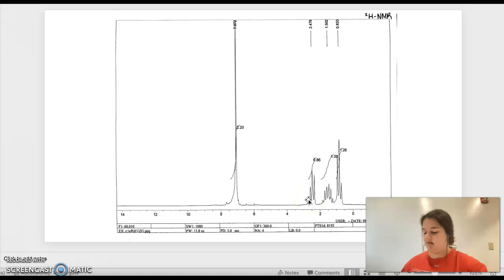The next signal that we see is a 1H triplet at about 2.4, 2.5 ppm, and that, I believe, is saying that a proton is alpha to a carbonyl group, which would indicate that there is a carbon double bonded to an oxygen present in the molecule.